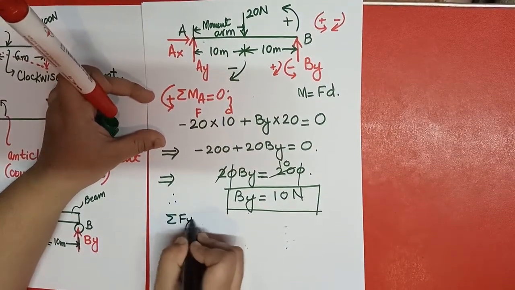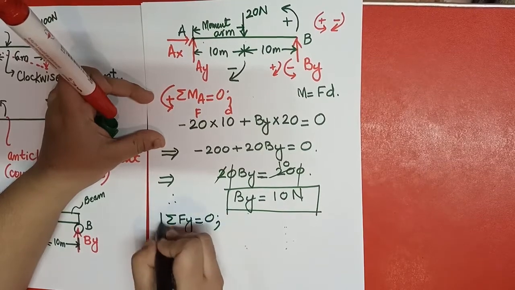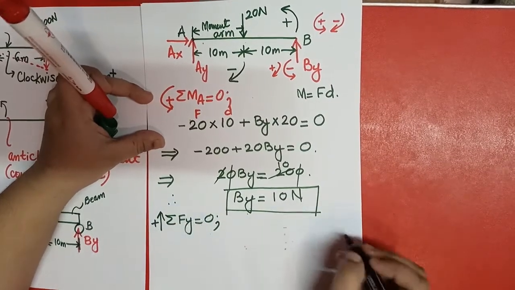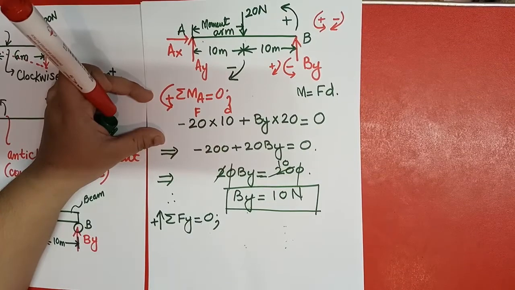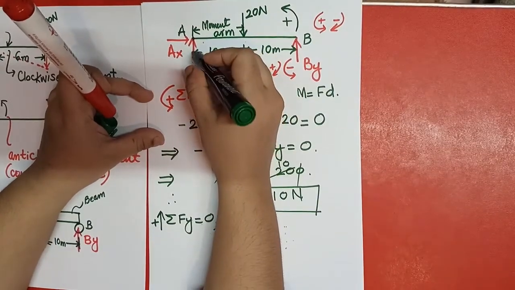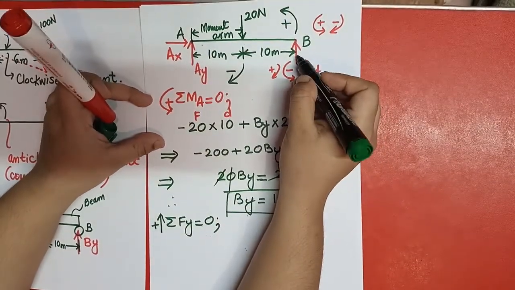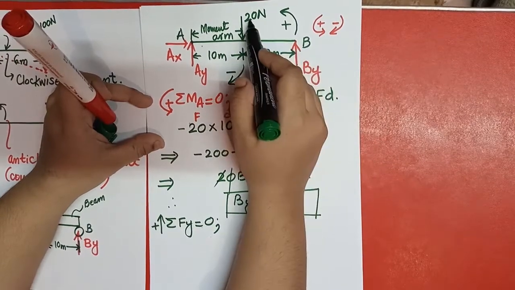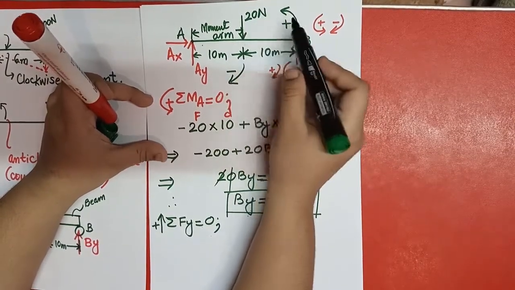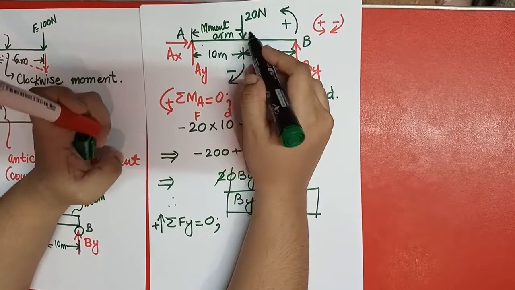For example, the sum of vertical forces equals 0. For the vertical forces, upward direction is positive and downward is negative. Ay is going upward, so it should be positive. By is also positive because it is an upward force, and 20 Newton is the downward force, so it should be negative because it is parallel to the negative y-axis.